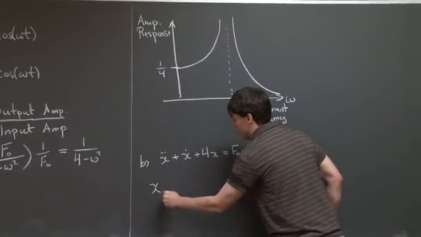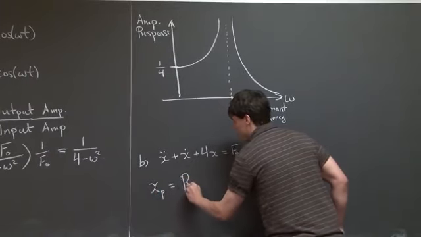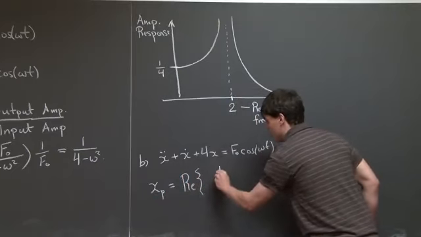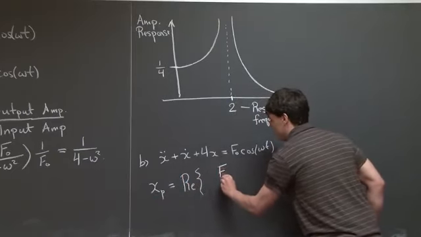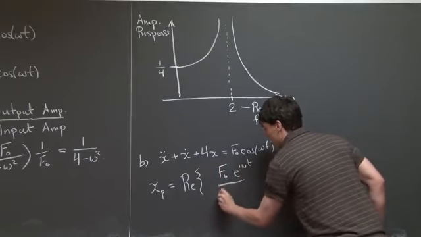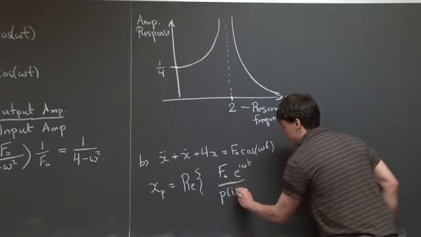So I'm just going to write down the particular solution. If we follow these steps, we find that it's the real part of the right-hand side complexified, which is f naught e to the i omega t, divided by the characteristic polynomial evaluated at i omega.